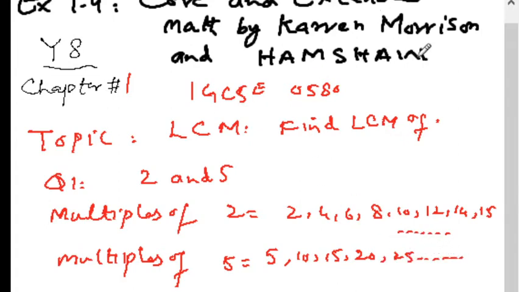Now check which one is the smallest multiple, the lowest multiple. The smallest common multiple is 10. The other one is 15.